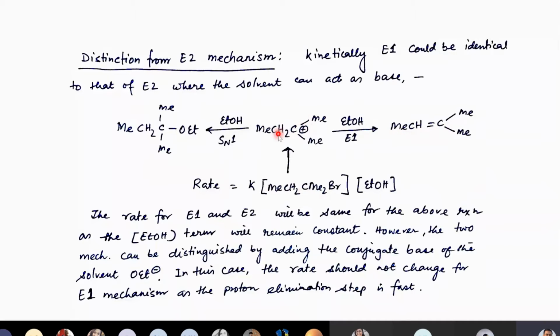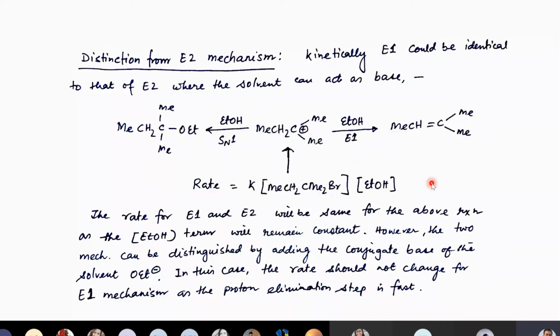Now, if you write the rate equation for this reaction as rate equal to K times concentration of your substrate and concentration of your ethanol, this rate equation would say that this reaction could go either by E1 or by E2, because your concentration of ethanol remains constant because it is present in a huge amount, so it does not practically change.